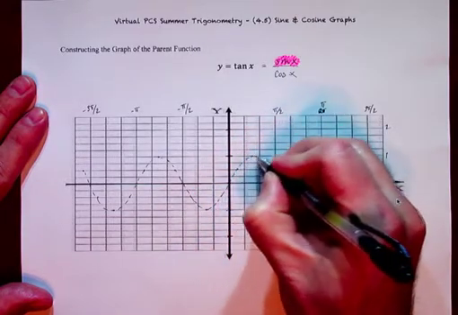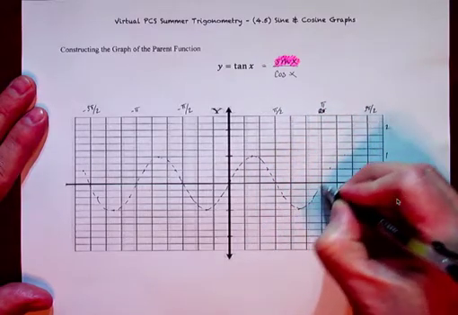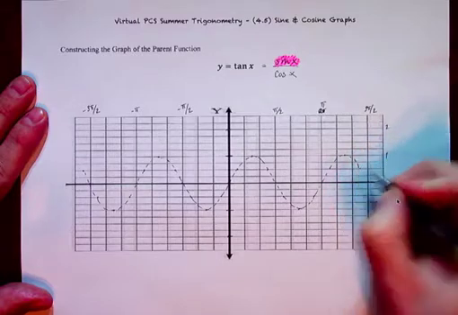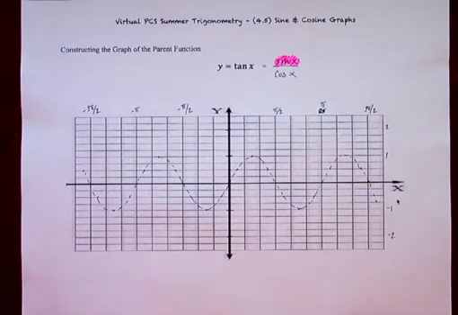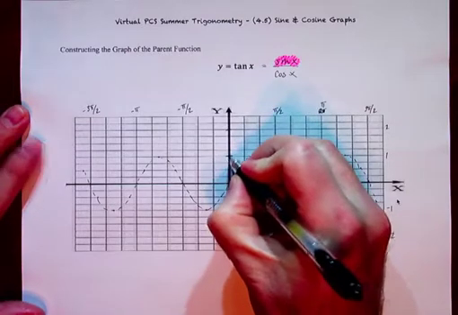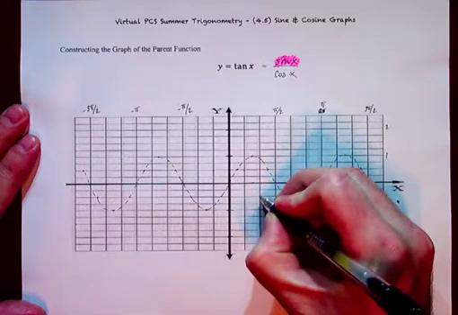And fractions behave similarly, whether they have numbers in them, whether they have polynomials, or whether they have trig functions. Now let's go ahead and do the cosine as well.